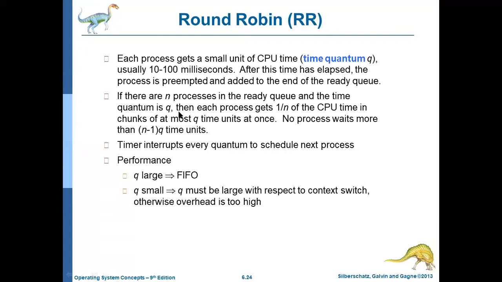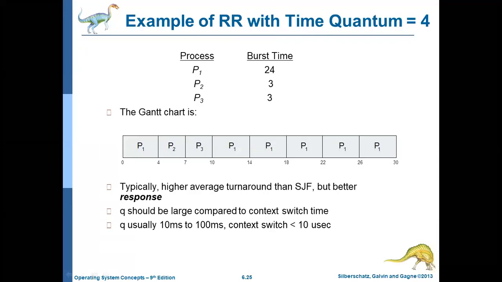Once go through this problem. This is the example for round robin scheduling with time quantum as 4 milliseconds.